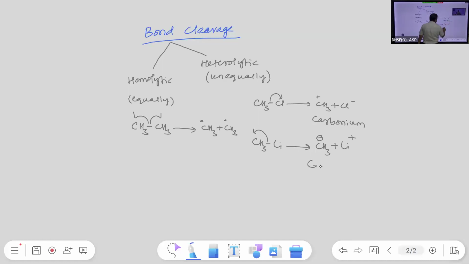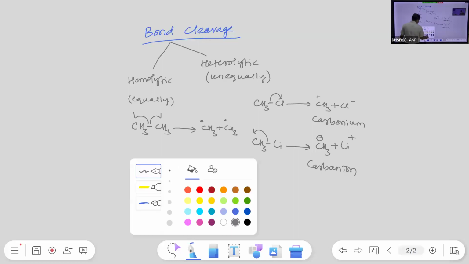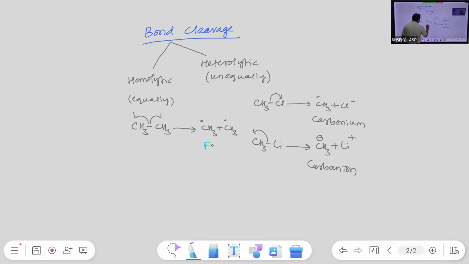And this will make a carbanion. And what are the names of these? These are known as free radicals. If you wish to note down, quickly note down.